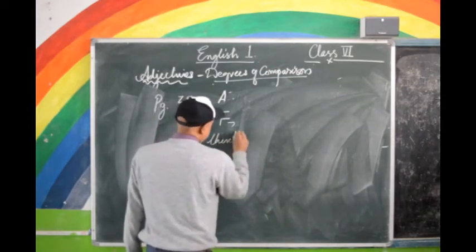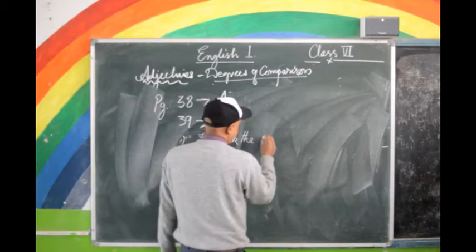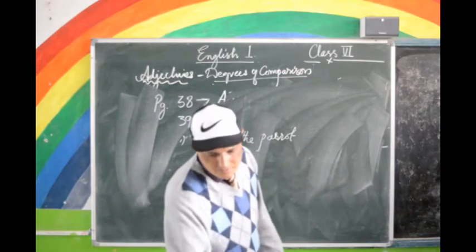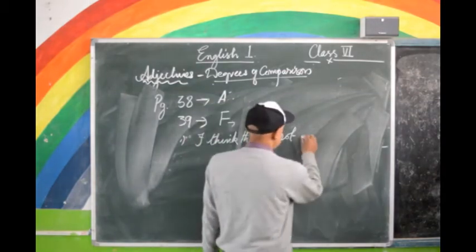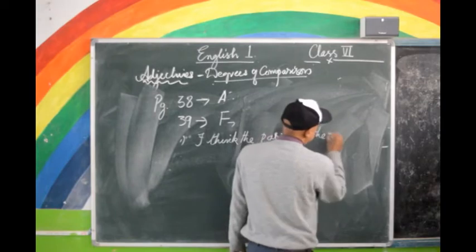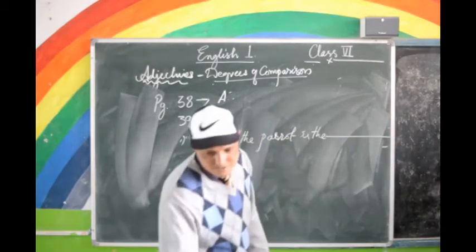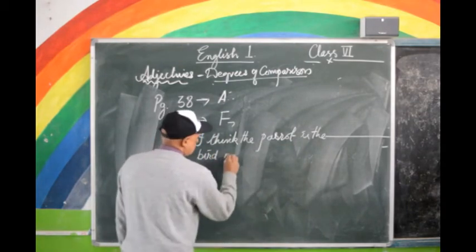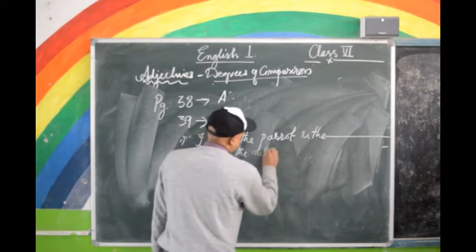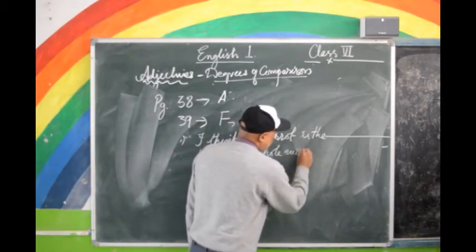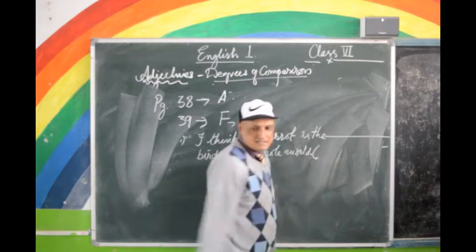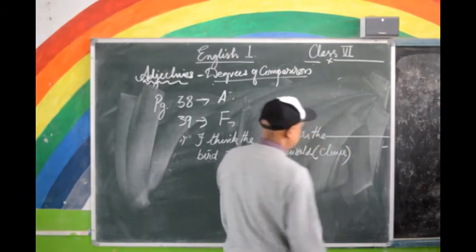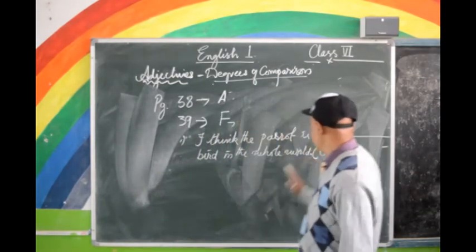I think the parrot is, there's a blank space, bird in the whole world, and the adjective given is clever.